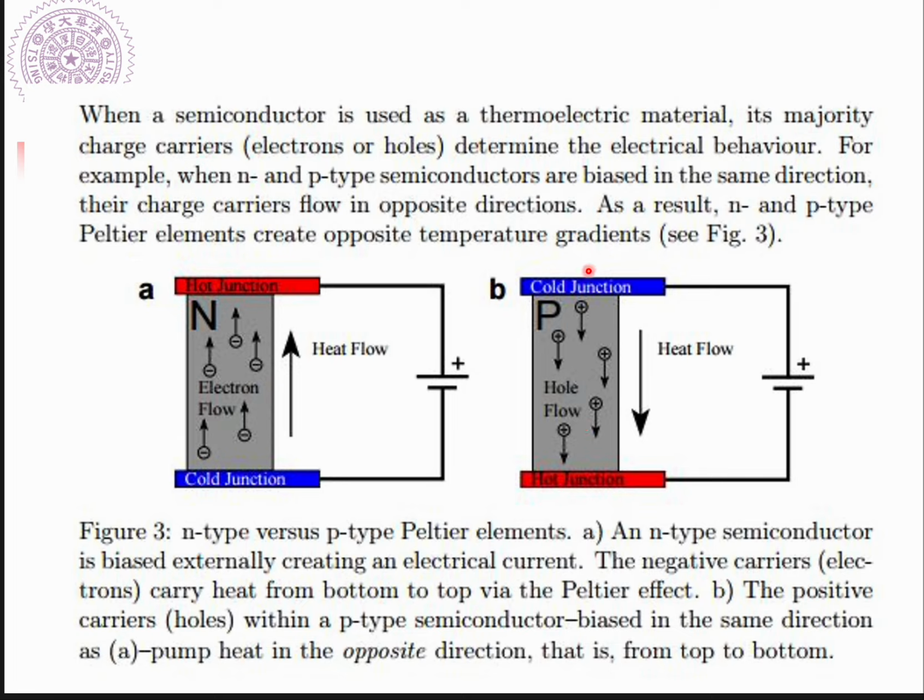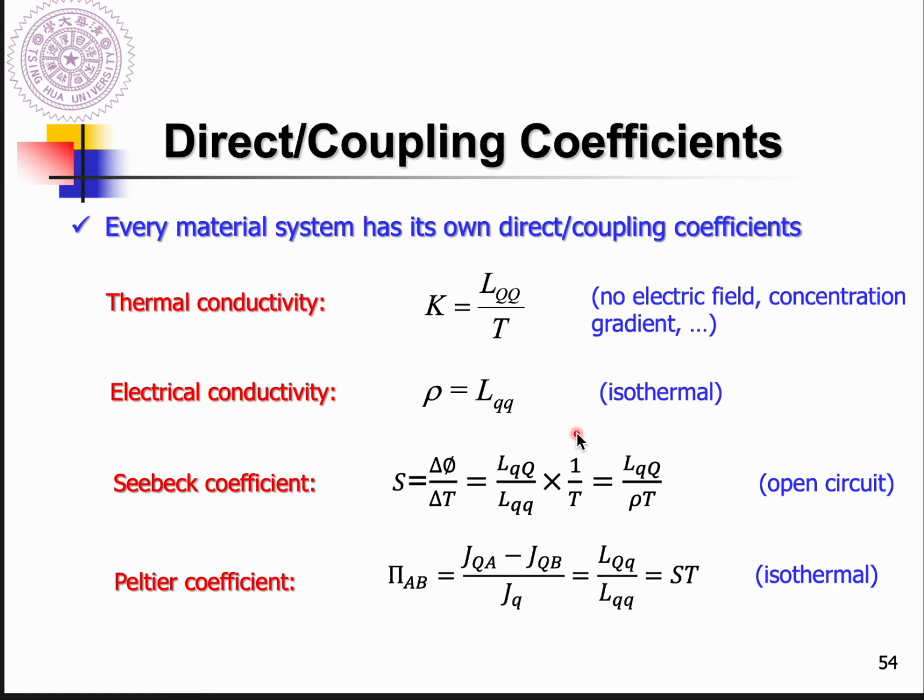So this can cool this side down, because the carriers always carry the heat from this side to this side. Cool this side down and heat this side up. The same idea. So the Peltier elements create an upside temperature gradient, based on different types of materials. The reason is the different types of carrier, right?